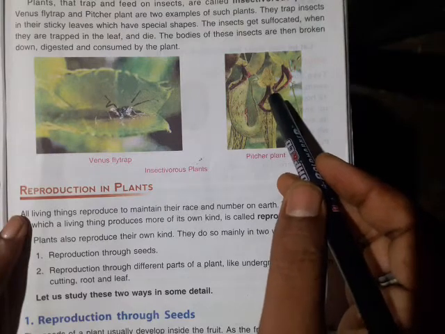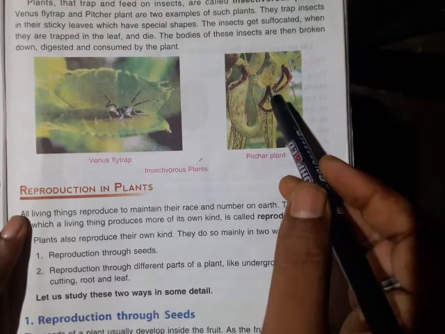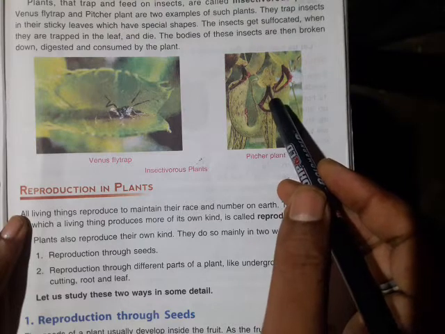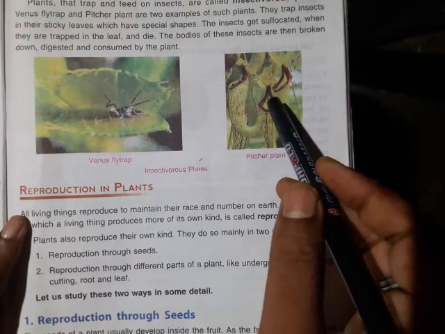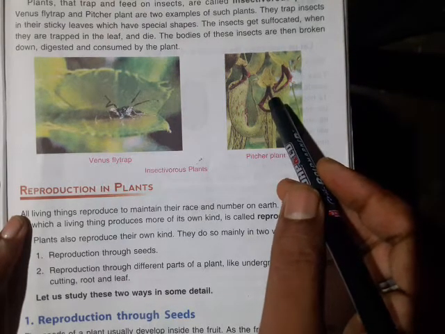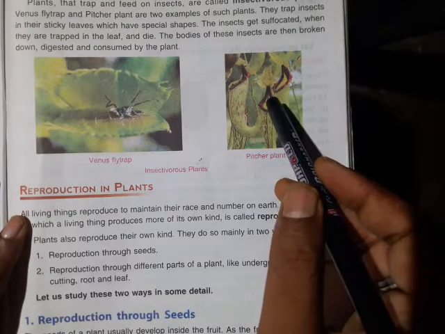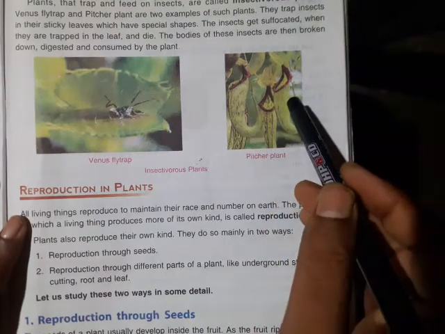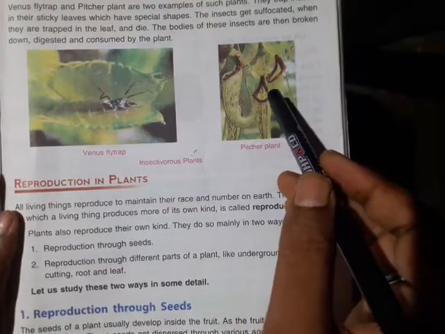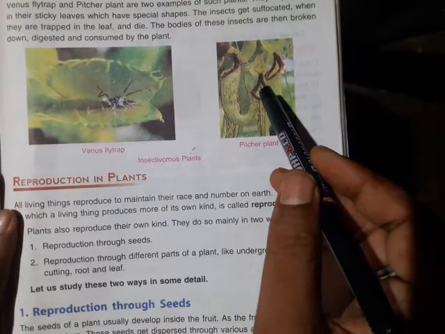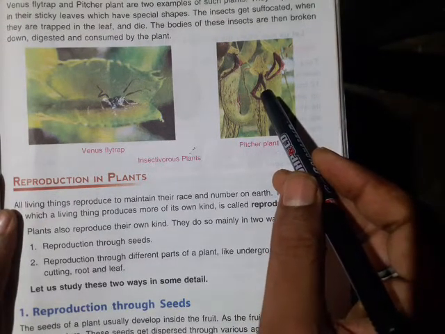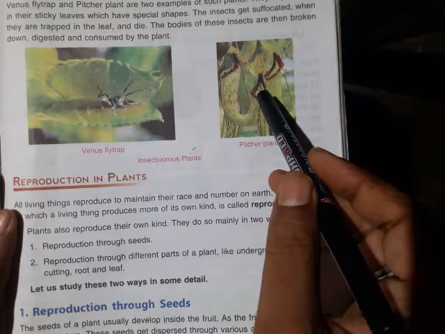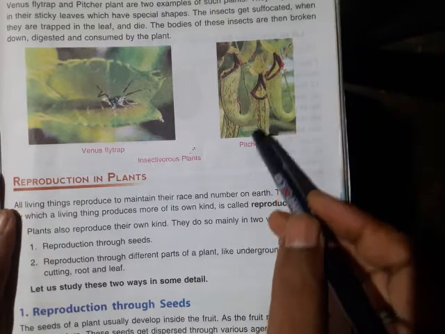Whenever any insect sits on this plant, it has some adhesive things, and here this insect will stick to the plant and cannot fly. After some time they will die and this will turn into food of this pitcher plant.